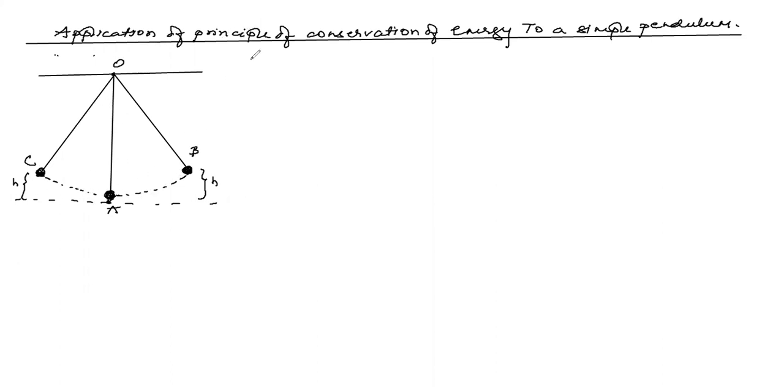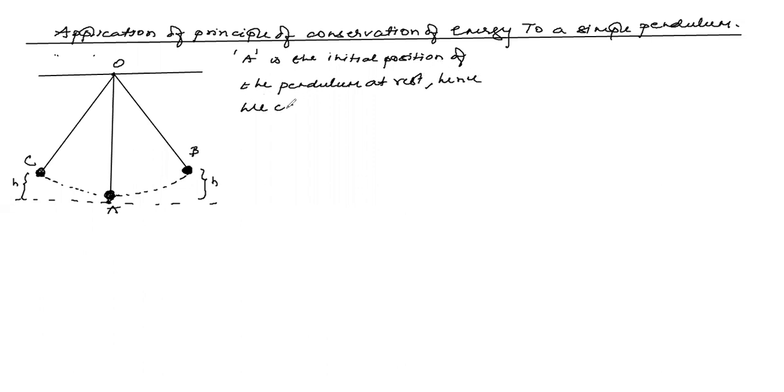Suppose A is the initial position of the pendulum at rest. Hence we call it the mean position.